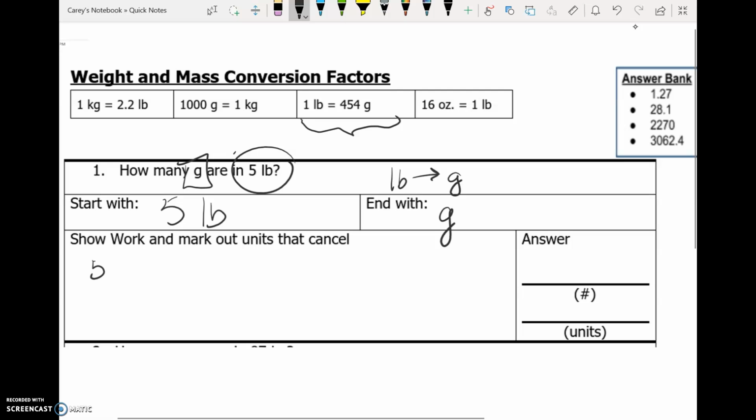So you'll set this one up with your given, just like always. Since there's only one step, you're going to put grams here, you're going to make pounds cancel, and your final unit will be grams. You just take this 1 pound, 454 grams, and you're going to fill that in to your conversion factor.